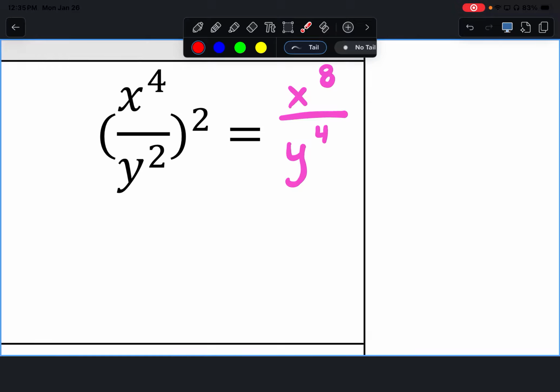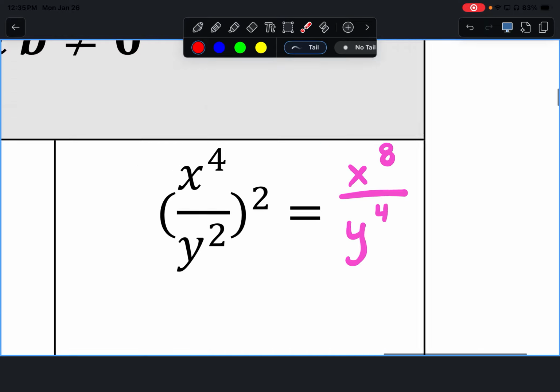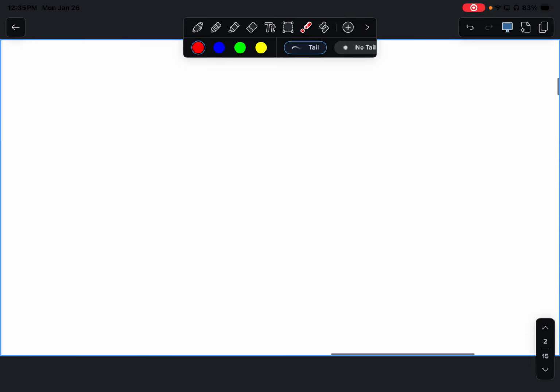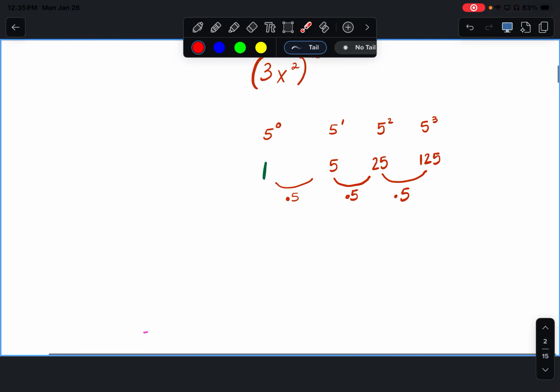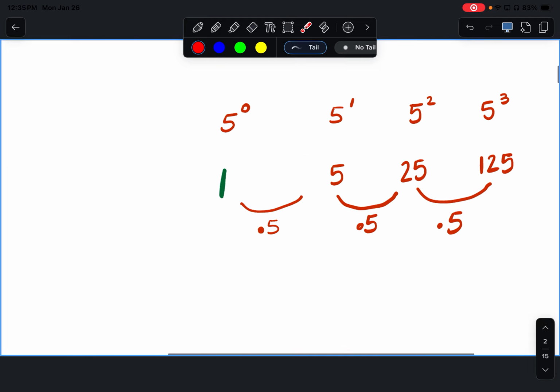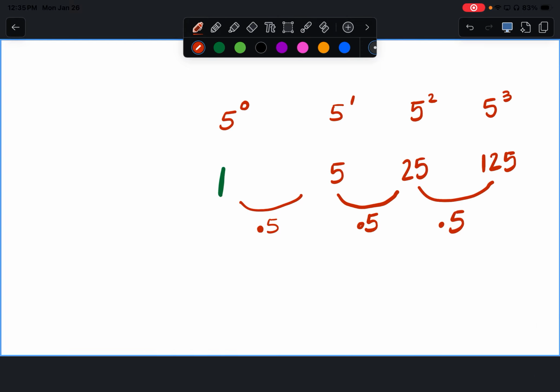All right, so negative exponents are the ones that tend to give people the most trouble. Okay, so I want us to take a second and we're going to talk about it before we do it. So for negative exponents, we're going to go back to this example right here. Okay? So we've already done this part, right? So we're going to go back the other way just a little bit.